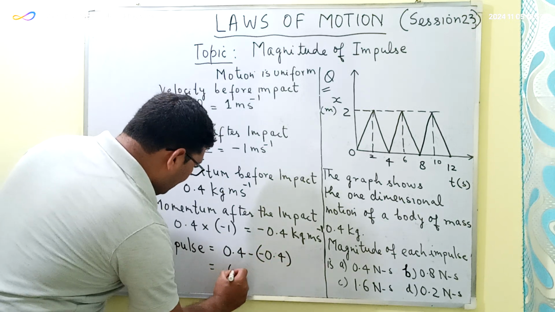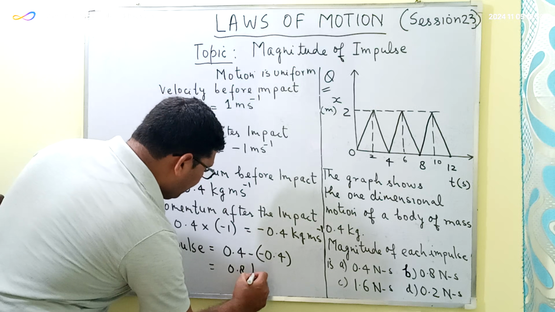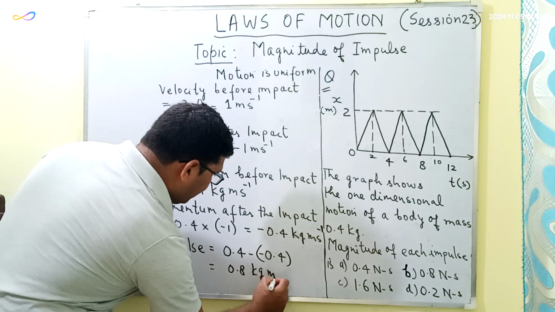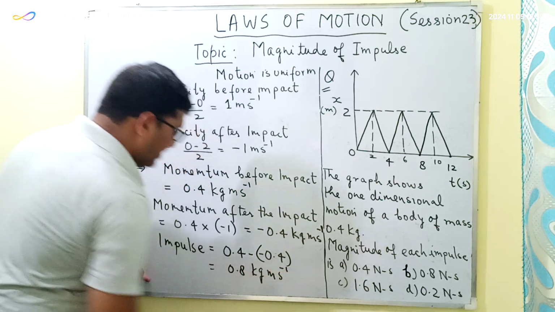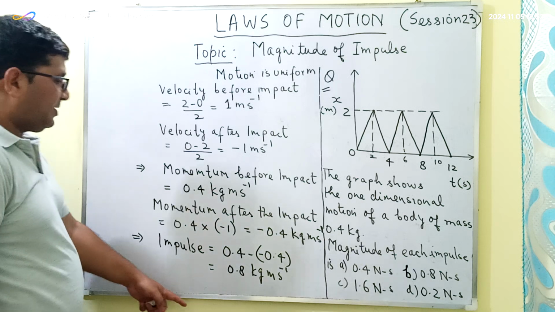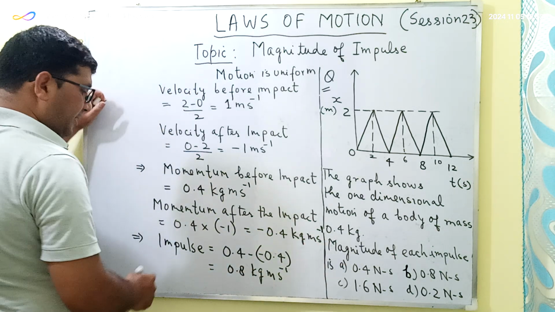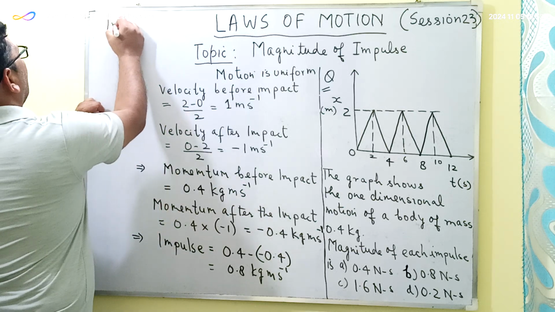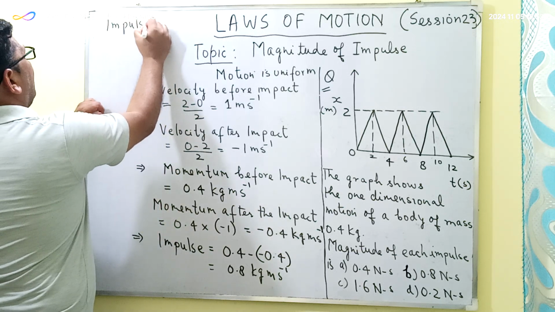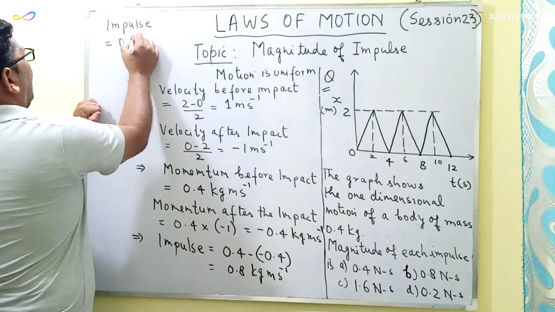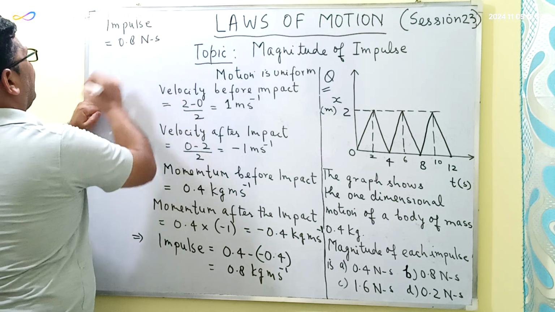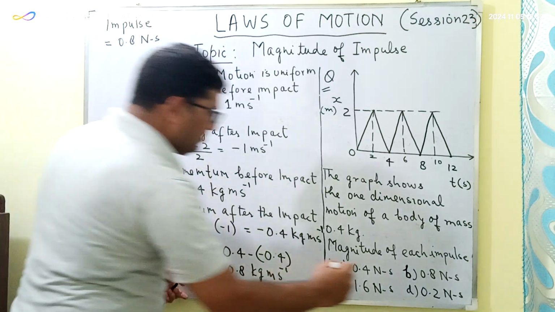So this is equal to 0.8 kg meter per second. Or in other words, if I want to write it in terms of Newton second, the impulse can also be written as 0.8 Newton second. So the correct option here is B.